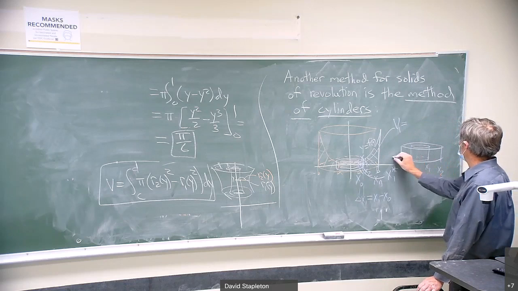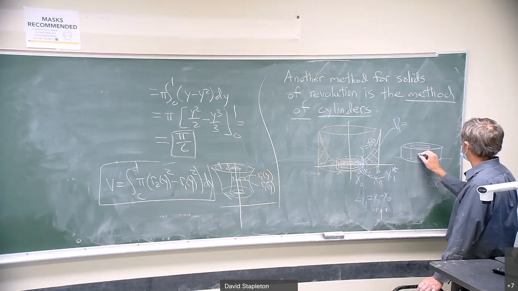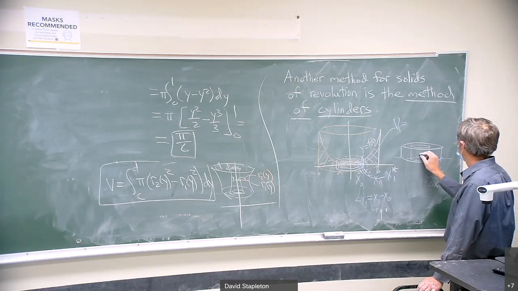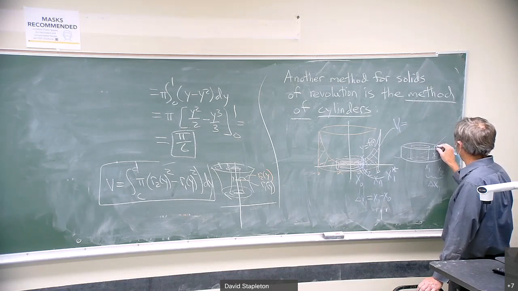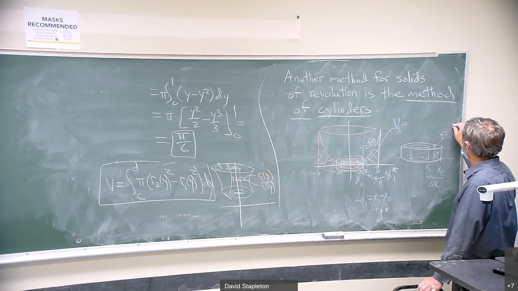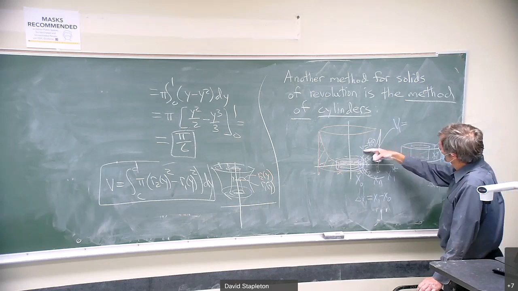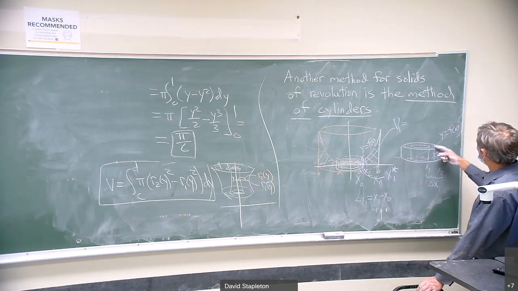Then at some point along the x-axis, you get the height of this by taking the curve at a point x1 star. So the height of the cylinder is the function y equals f of x, this one, at x1 star.